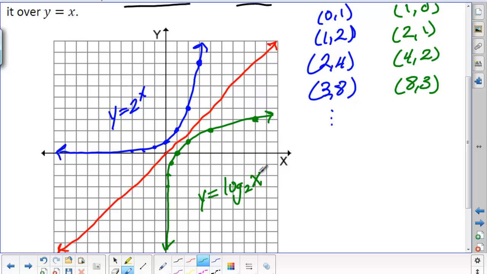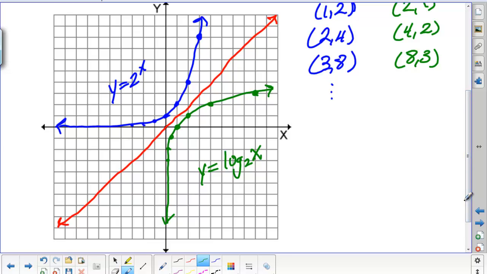You notice the logarithmic function has some similarities to the exponential function, where it's got a vertical asymptote here at the y-axis and curves around there. No negative x values here. Again, that goes back to what we just said about the domain. X values must be positive, right?